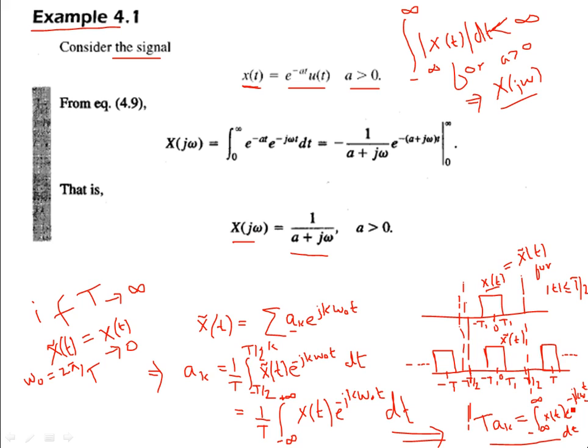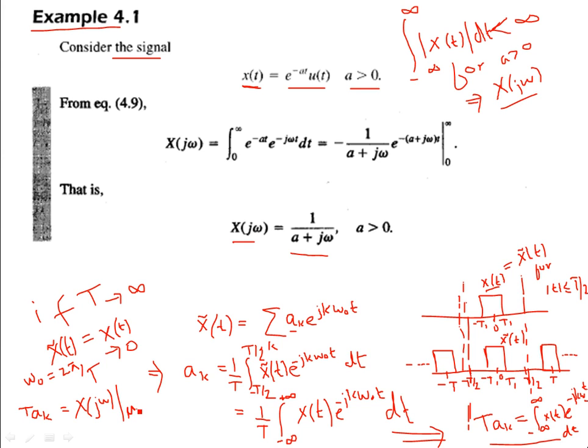And in that case, the harmonically related exponentials bunch together. Therefore, you will have a continuum of the envelope, if I may express this as X(j omega), where my omega over here is not discrete, okay?